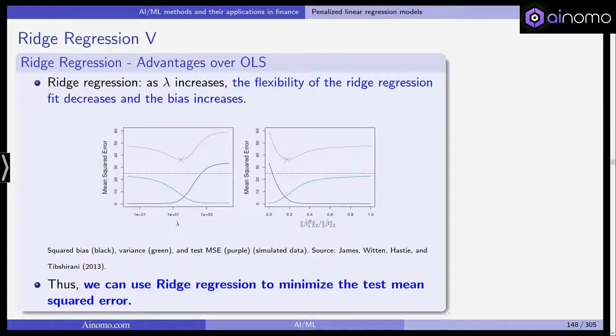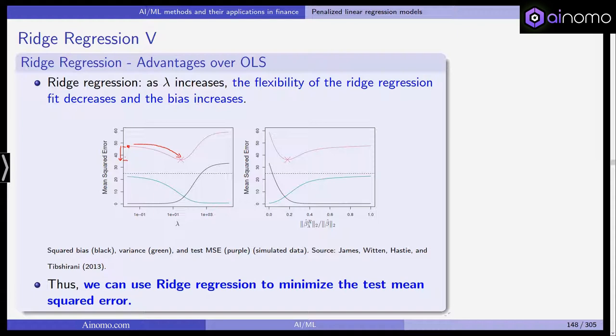This now shows that the test MSE in purple can be reduced by moving from OLS to this point, which gives us sort of an optimal tuning parameter lambda, because now we can decrease the test MSE from, let's say, maybe 48 to maybe 35. So this is what happens.